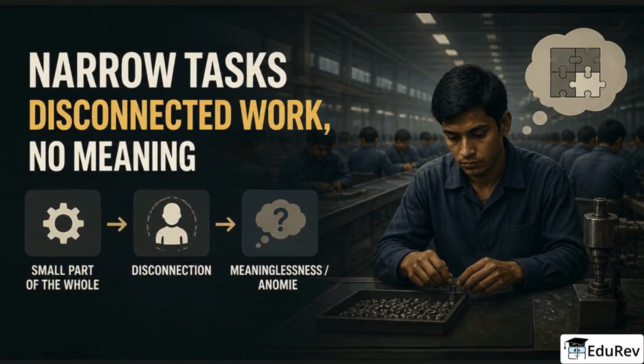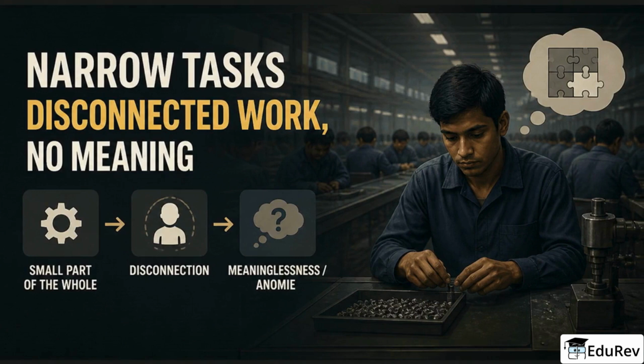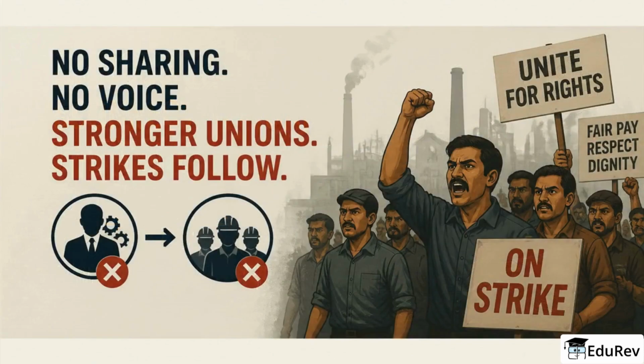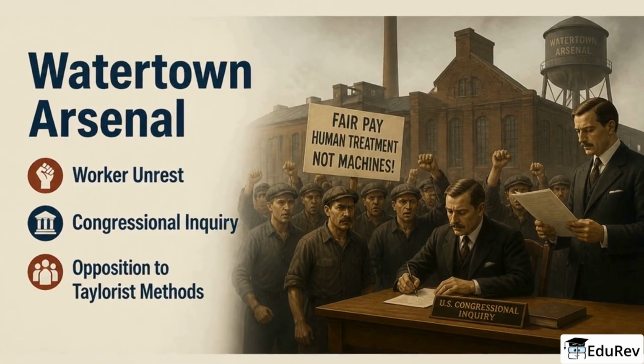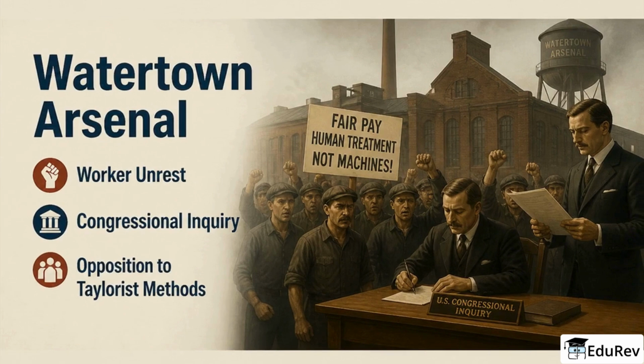Fragmenting work into narrow tasks often left workers disconnected from the product, producing a sense of anomie or meaninglessness. Where managers applied Taylor's methods without sharing gains or consulting workers, unions grew stronger and strikes followed. A classic case is the Watertown Arsenal, where Taylorist methods sparked opposition, congressional inquiry, and worker unrest.